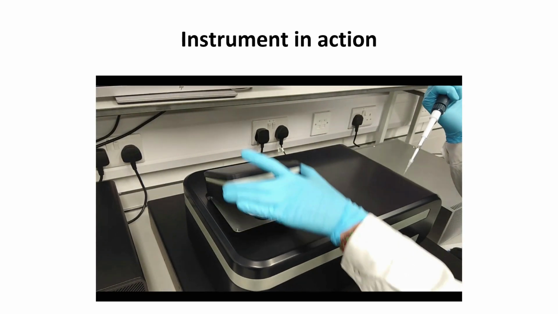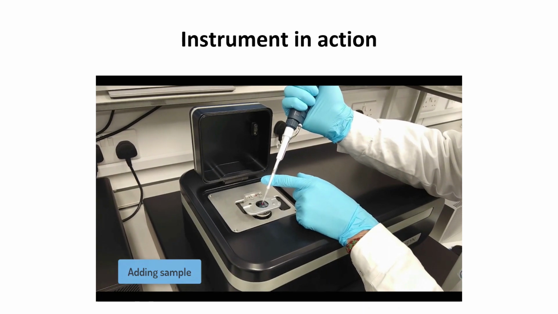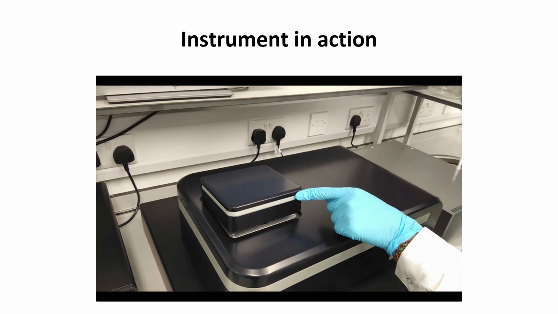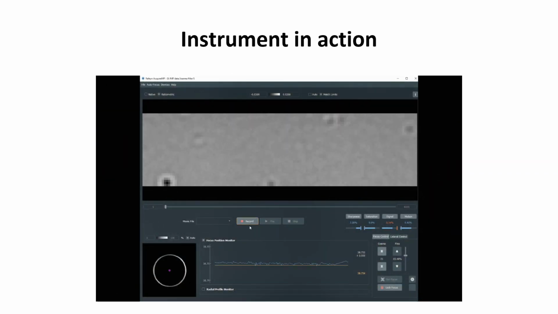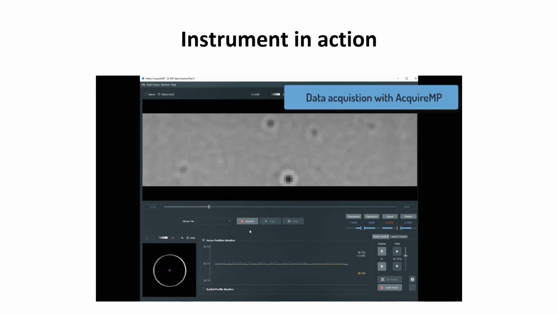Just to convince you that mass photometry is a really simple technique, here's a movie of how it works. Here is the instrument, and here you add a sample to a gasket. You close the lid, and you already see your protein lands. You wait until the autofocus reaches its position, and then you start recording. The recording is usually a minute or two, just to collect enough statistics.